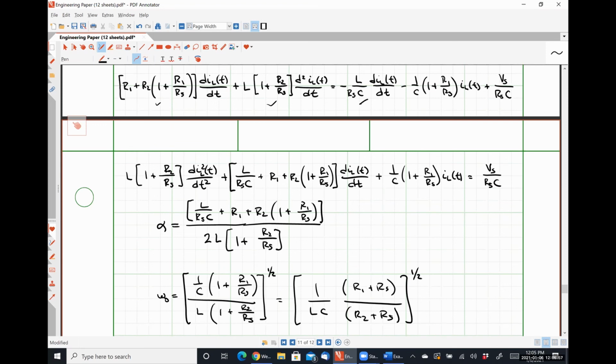So RS plus R1 plus RS, and then R2 plus RS. Yep. So at this point, we could plug in numbers and then approach the problem like we would any other problem. So as you can see, it can get extraordinarily tedious.